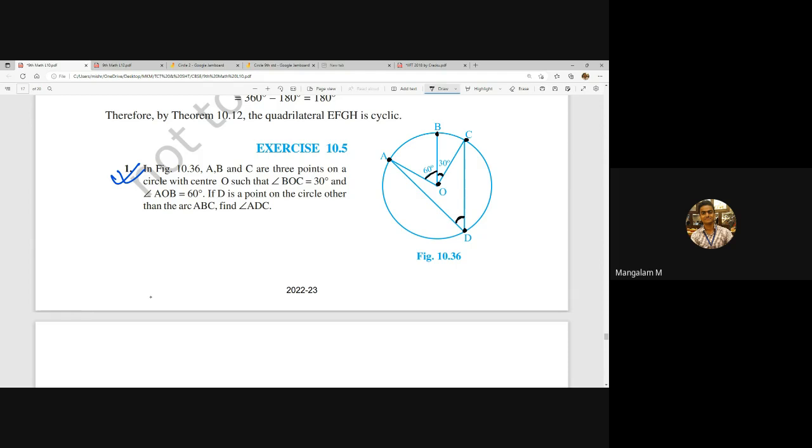So we know that, let's say this is center. So angle made at the center and angle made at the circumference.